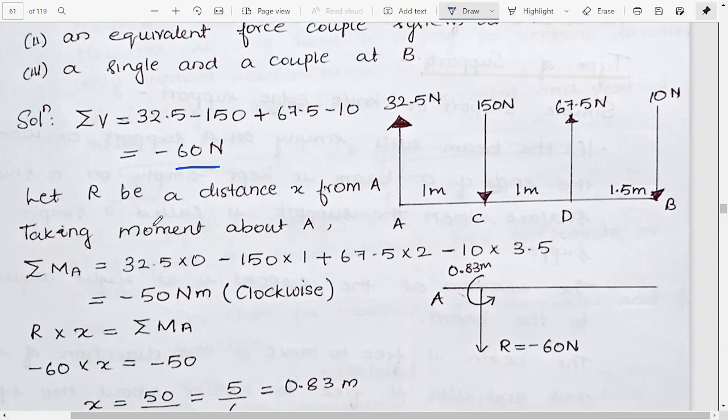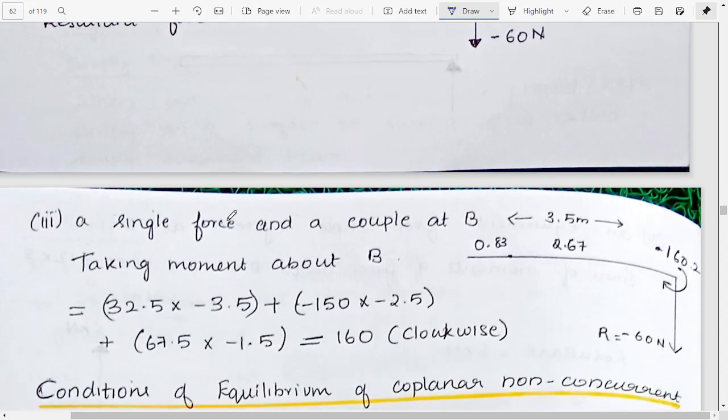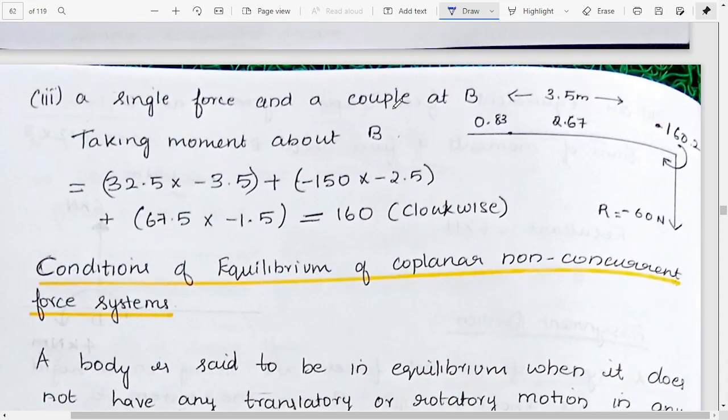So you will be doing all these like this, giving a single force and a couple at B. So here, if you are given this force like this, we know that this distance is 160. So we are getting 160 newton meter. So we just need to write that like this, and the force is downwards.